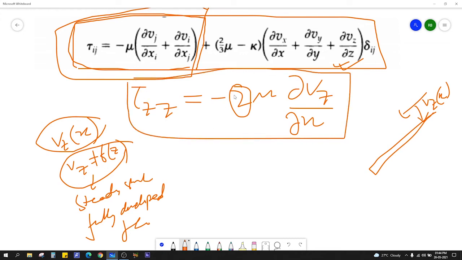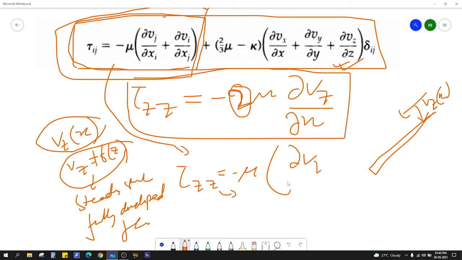So why is there 2 here? If you use this equation, just put z instead of i and j. So what you'll get is tau zz equal to minus mu dou vz by dou z, plus again, even if you interchange it, this is just interchanging indices.